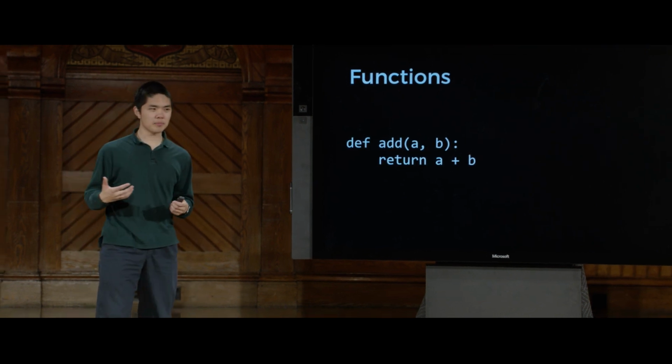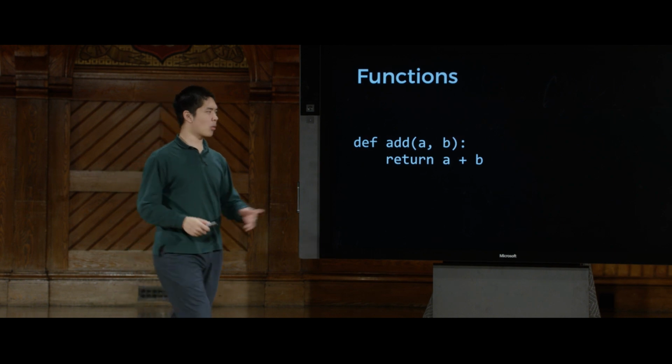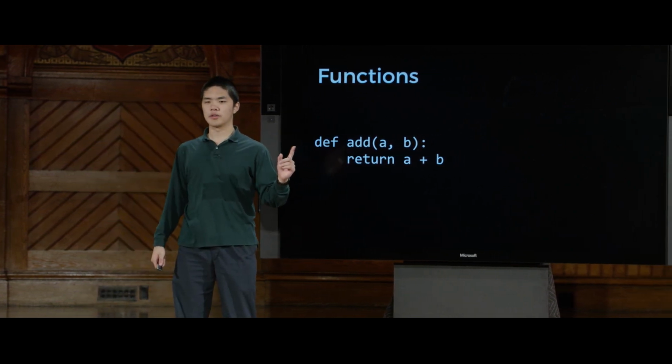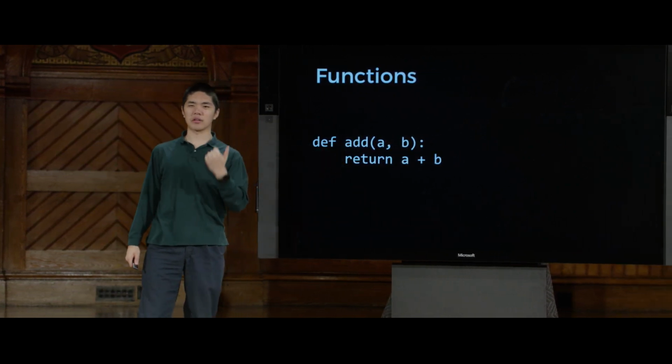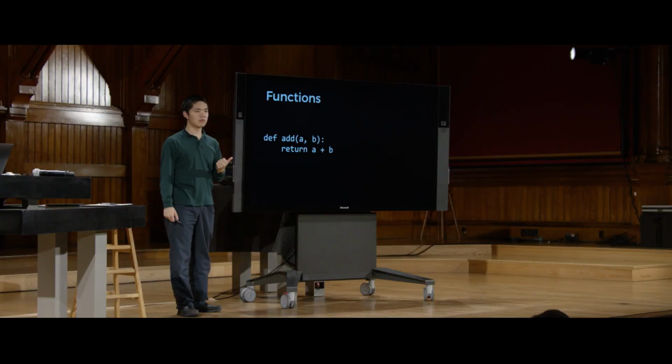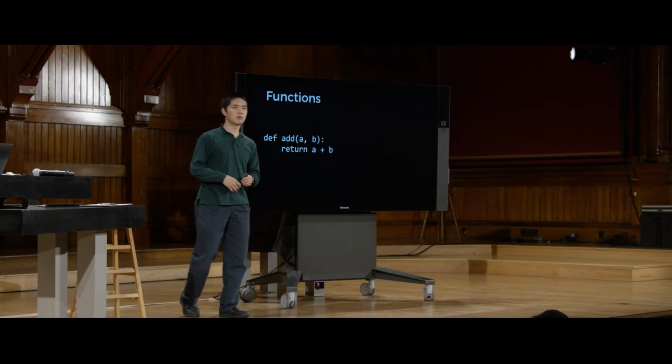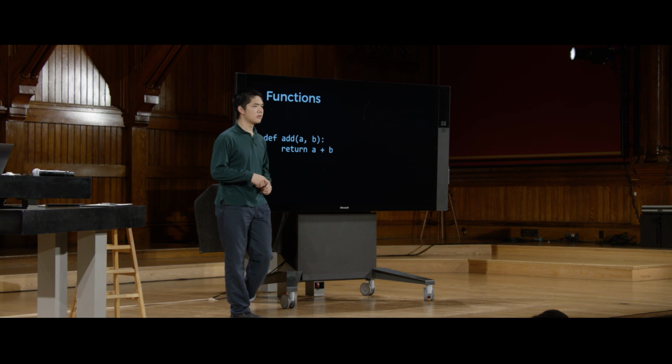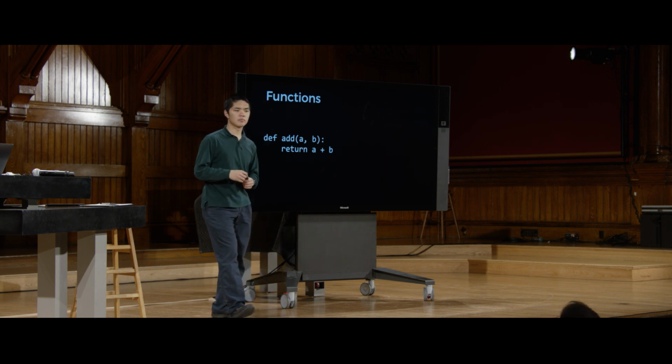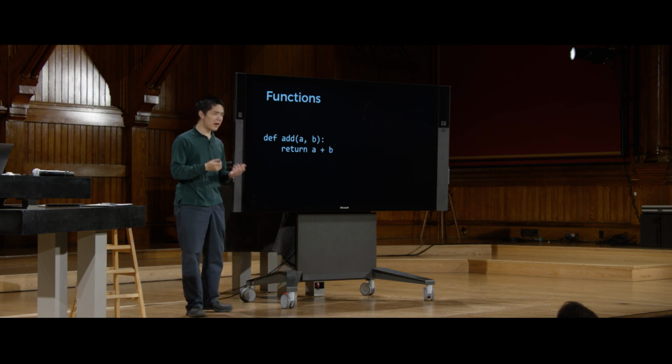We also had functions in Python, very similar in spirit, but what's the difference here? What do we not have here that we did have in our C functions? Anything you notice that's missing? Yeah? Our variable types, exactly.